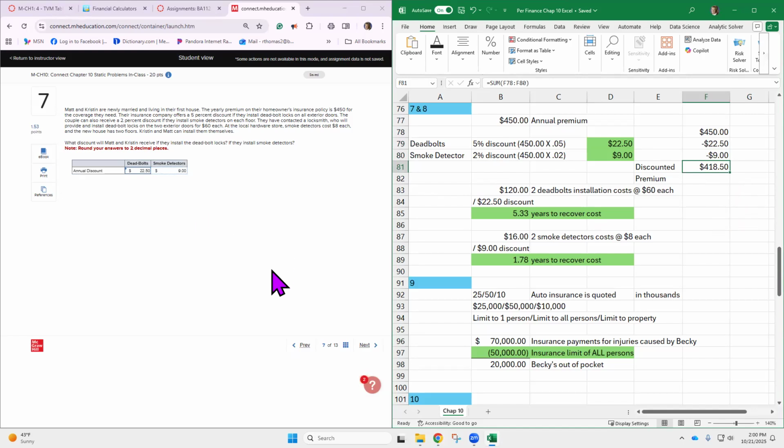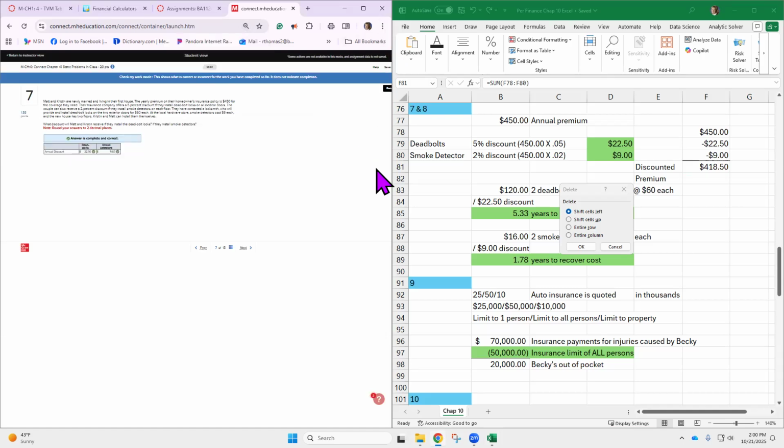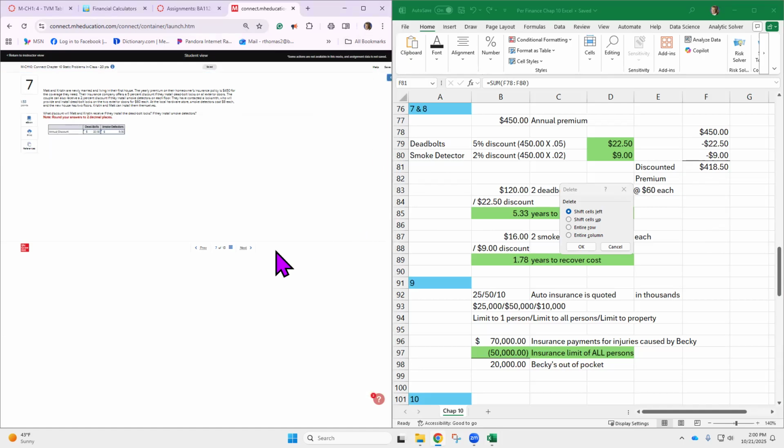Okay, so let's just double check this. Yep. So all in all, they're going to save $31.50 each year.